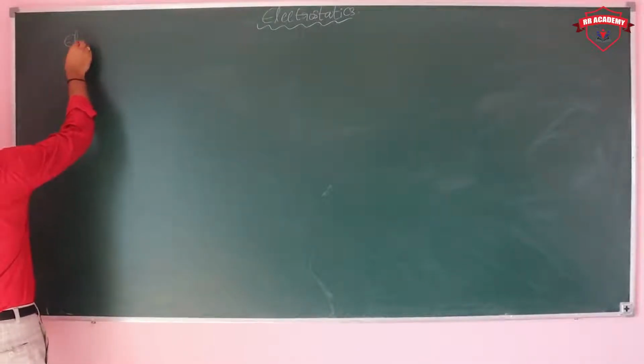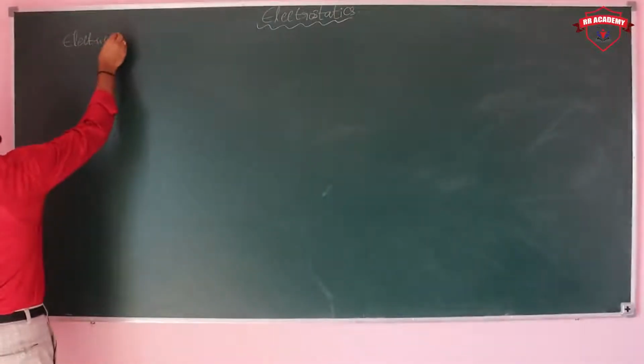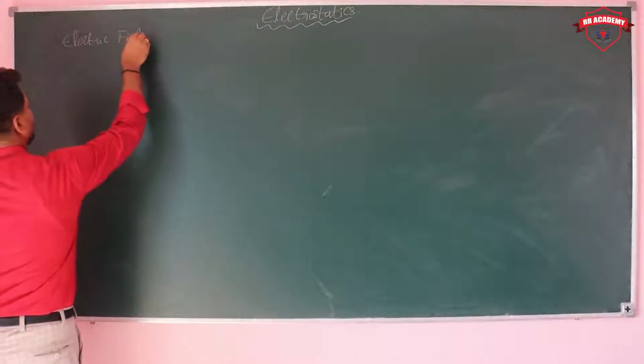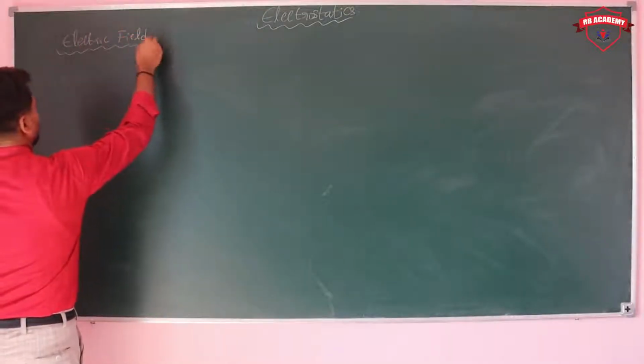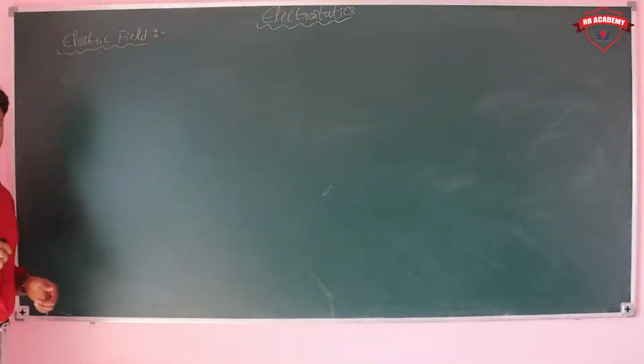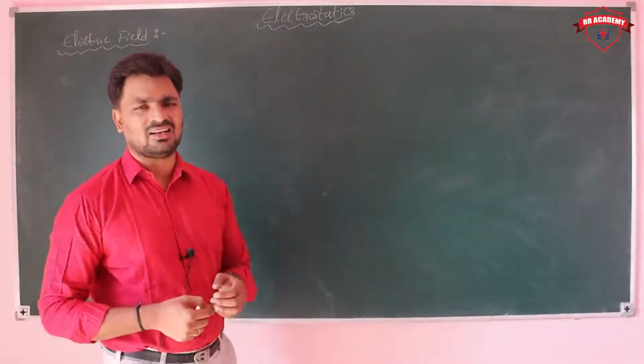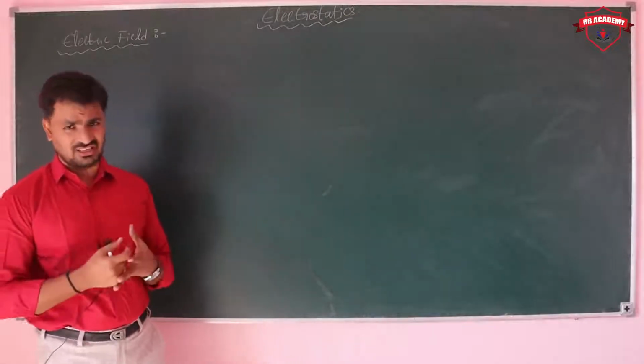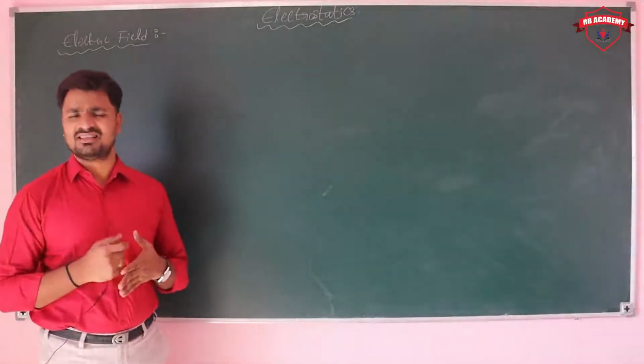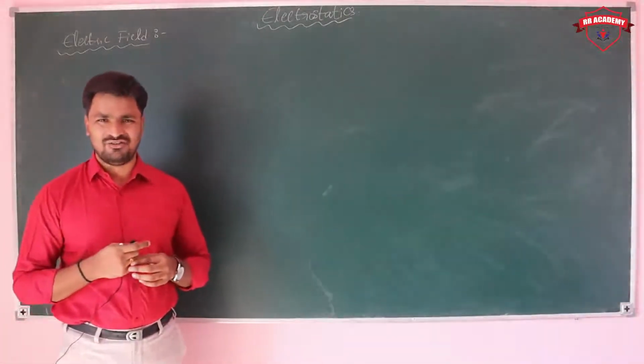Generally in 11th standard we discussed gravitational field. Gravitational field is nothing but the region around the mass which can attract or influence another mass. That's why we named it gravitational field.